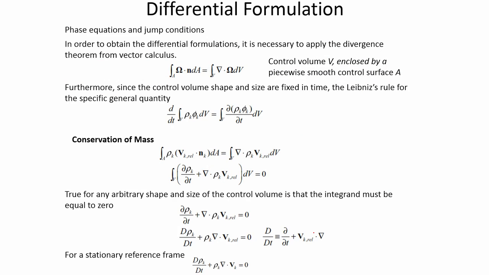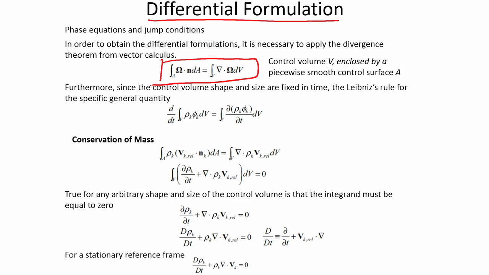Now, most of the time, instead of the integral formulation, we deal with differential formulations, because differential formulations are sometimes easier to handle. All of these can be derived from the integral formulation as well. For the differential formulation, it is necessary first to apply the divergence theorem.